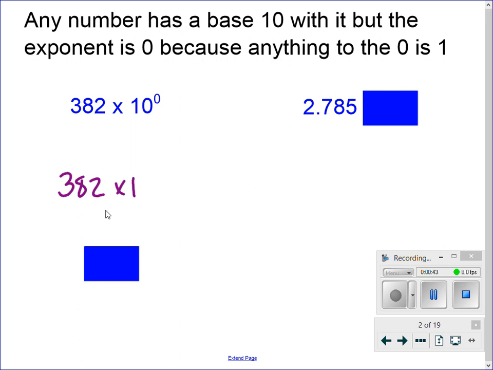Likewise, 2.785, or any number, is the same as 2.785 times 10 to the 0 because 10 to the 0 is 1. So that's what having a base 10 means: you multiply by 10 to an exponent.